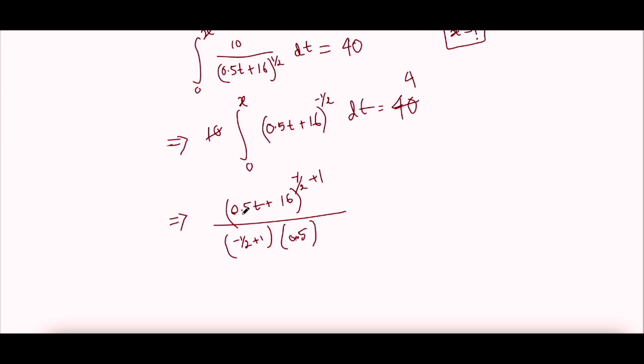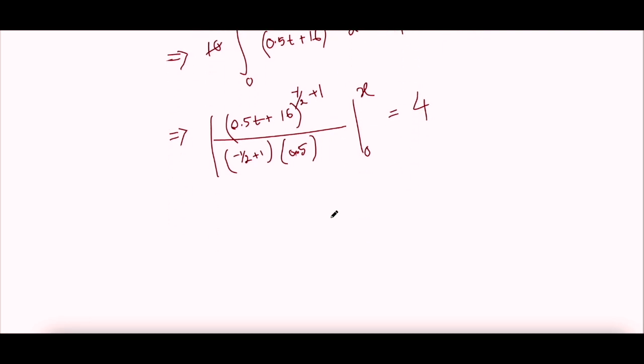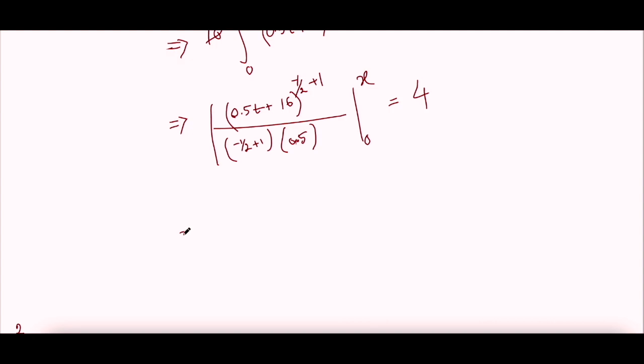The derivative of this function, 0.5. Lower limit 0, upper limit x, is equal to 4. So you see, in the numerator you have (0.5t plus 16) whole to the power what? Half. Only half. Minus half plus 1, which is half.